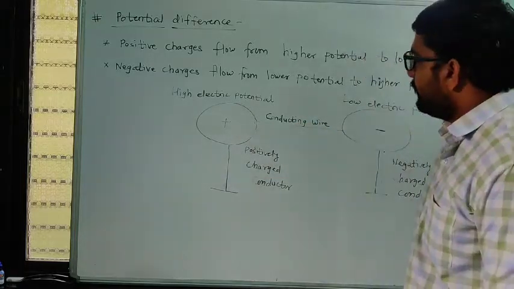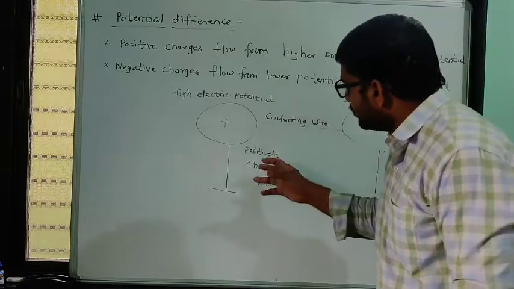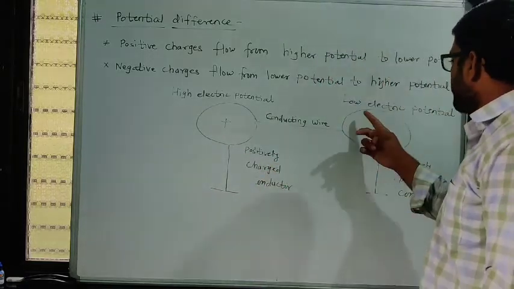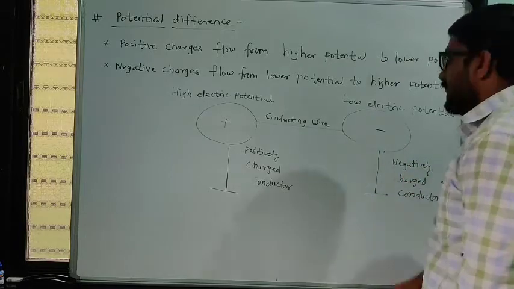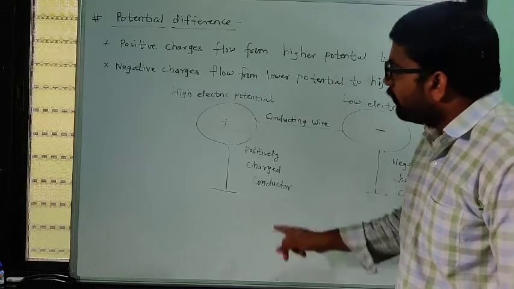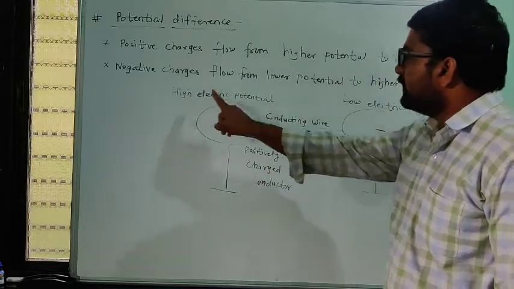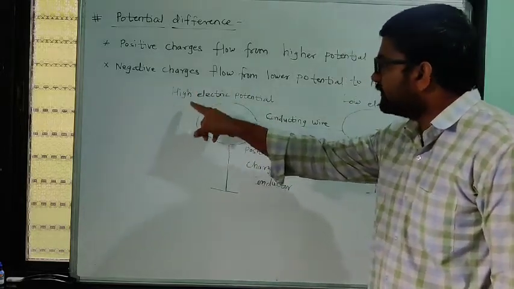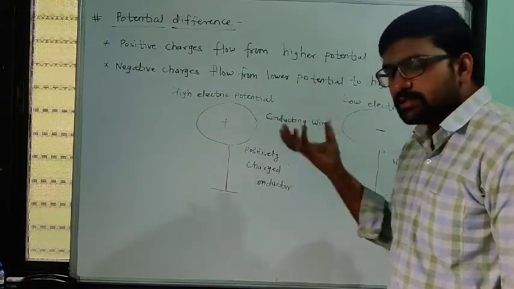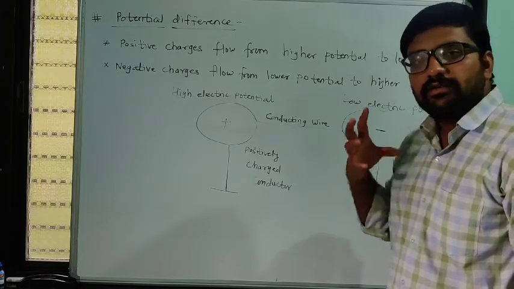Here one example is given in our book. They place two conductors. This is one positively charged conductor and the second is a negatively charged conductor. Generally in physics, the positively charged conductor is considered to be at higher electric potential. That is our convention.